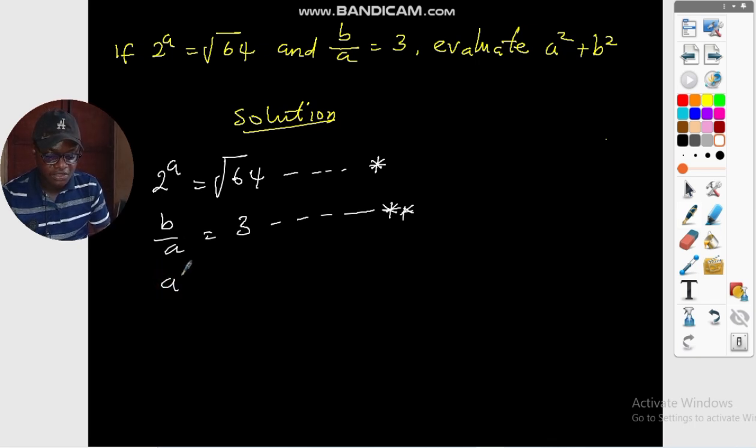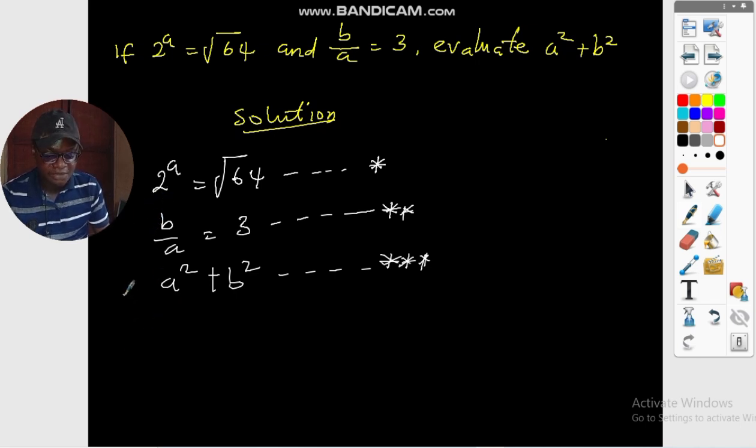And then we have a squared plus b squared, which is an expression, not an equation. Let's just call this the third expression. First of all, I did all this so that I can easily substitute my values whenever I finish solving them into each of these, and it will also be easy for the examiner to follow through what I am solving.